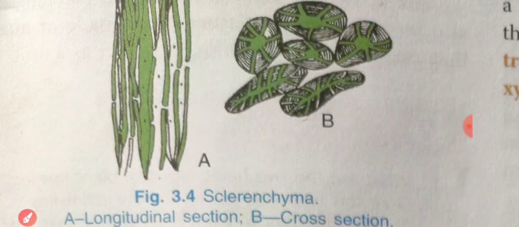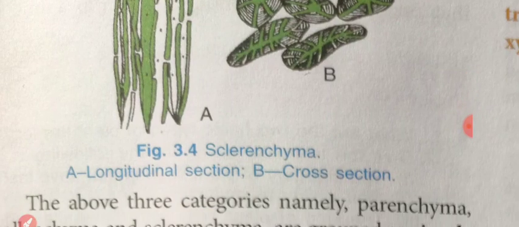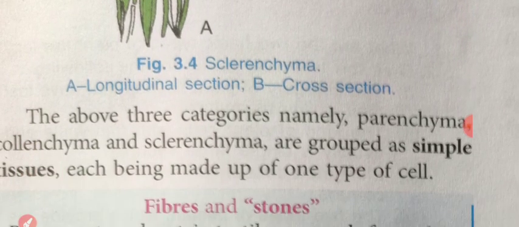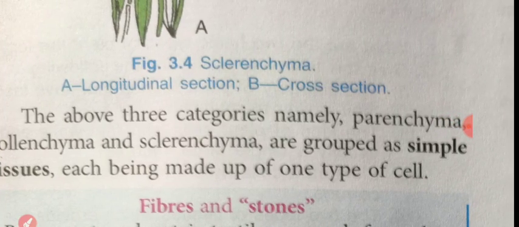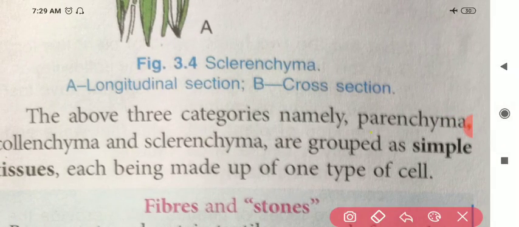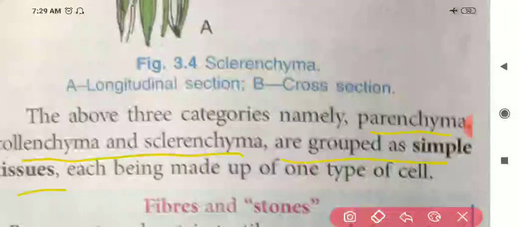Clear? So this is the diagram of sclerenchyma. Next, all of you must write this line in your notebook: parenchyma, collenchyma and sclerenchyma are grouped as simple tissue or simple permanent tissue.